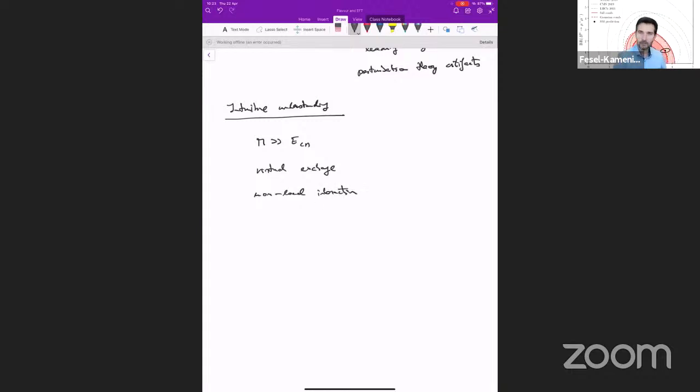And the non-locality will be of the order of the Compton wavelength of the exchanged particles, so lambda, which is of the order of 1 over m.